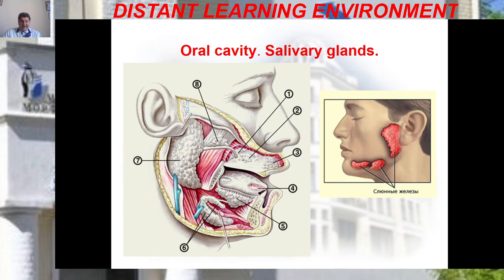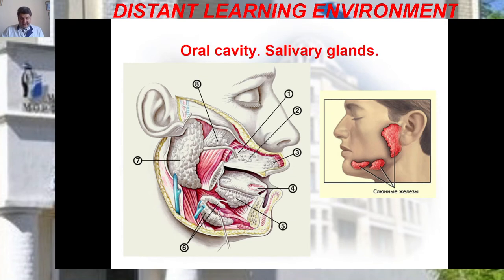So the three pairs of large salivary glands attain considerable size and are located beyond the mucous membrane and retain connection with the oral cavity by their ducts. These glands are as follows: parotid gland, you may see it in number 7, is the largest of the salivary glands and is serous gland.